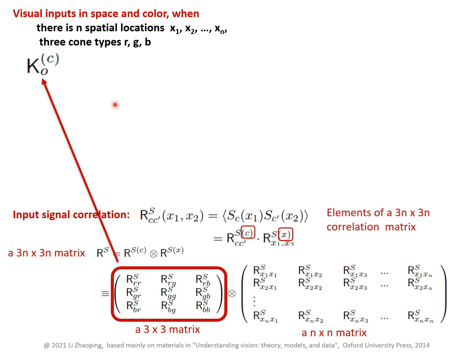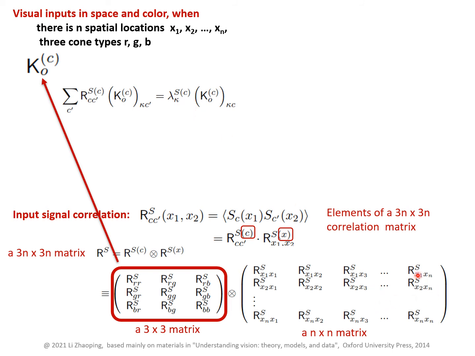This means this is a decorrelation matrix, and each of its row vectors is an eigenvector of this matrix. So when you apply this matrix onto a row vector, you get this eigenvector, again this row vector, with the corresponding eigenvalue.